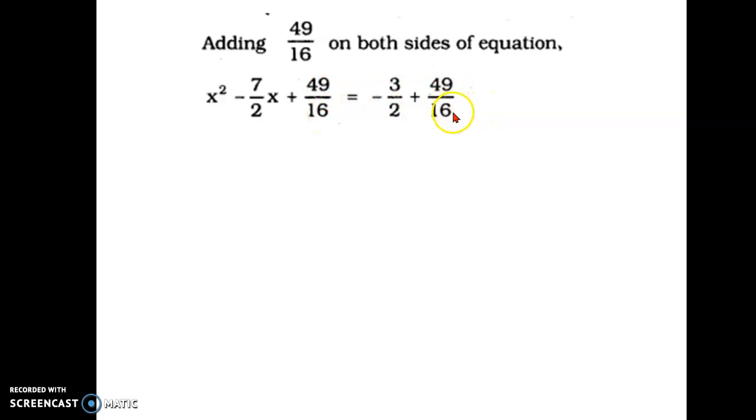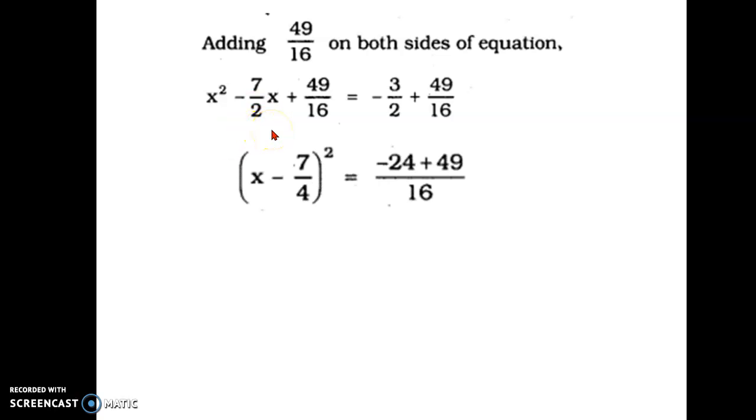Now in the LHS, this is x square, this is b square, and this is minus 2ab. Understood? It is of the form a square, b square and minus 2ab, and in that form we brought it. So I can write it as x minus 7 by 4 the whole square.